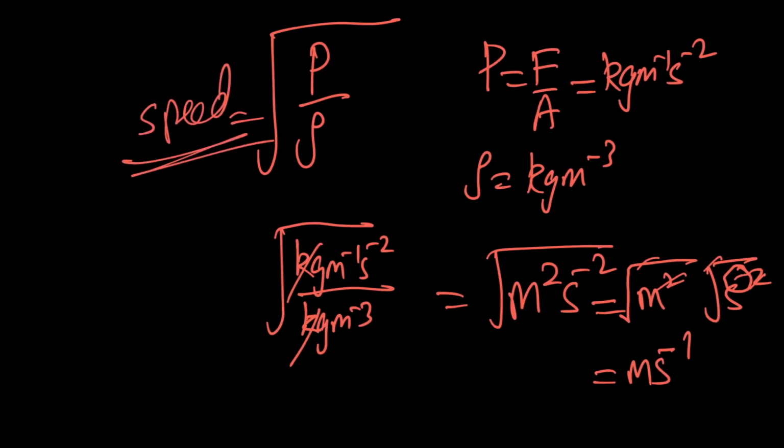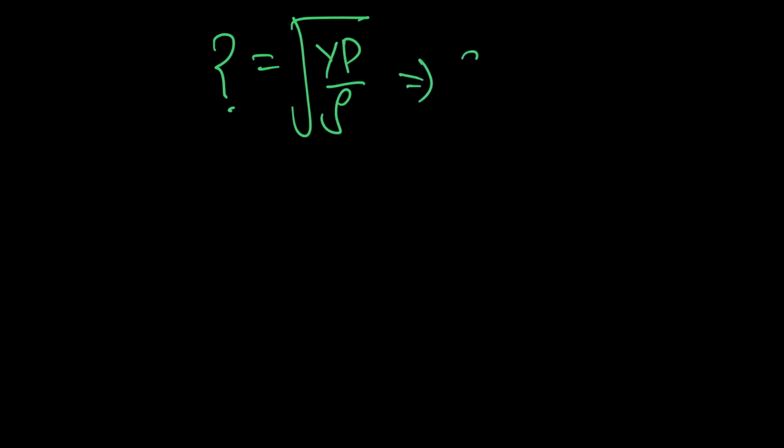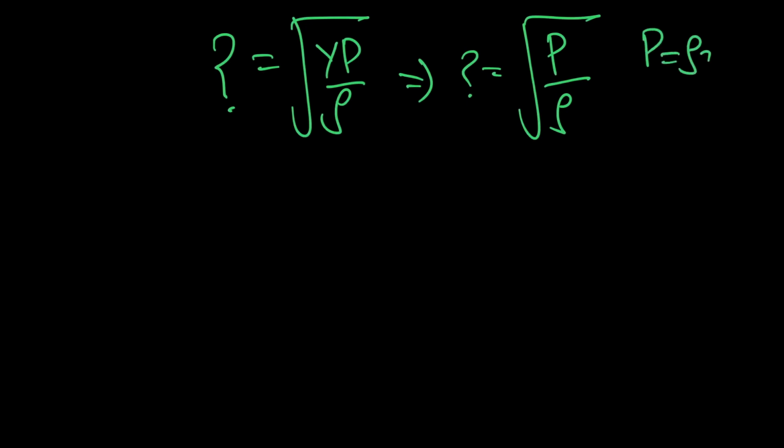Another way that you could have done this question and not gone through all of this hassle: the same question given to you, question mark is equals to square root of gamma p over rho. I told you gamma is a constant, so ignore. So your question then becomes question mark is equals to square root of p over rho. Now I'm very sure that in your O levels you've done this equation, which is pressure is equals to rho gh.